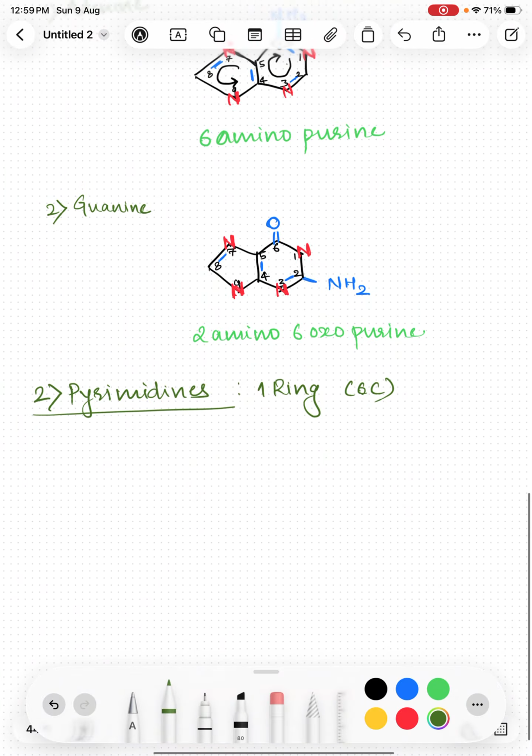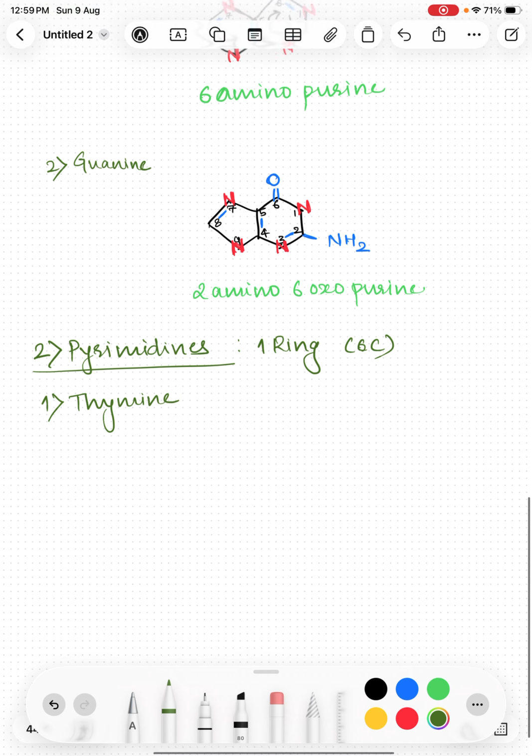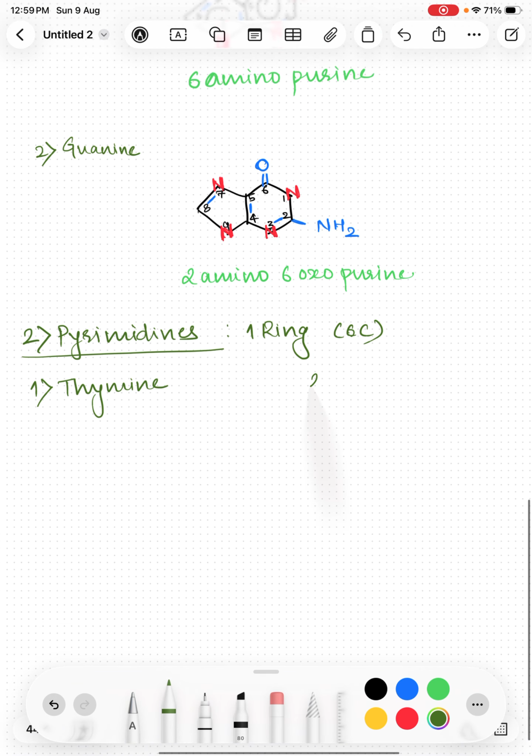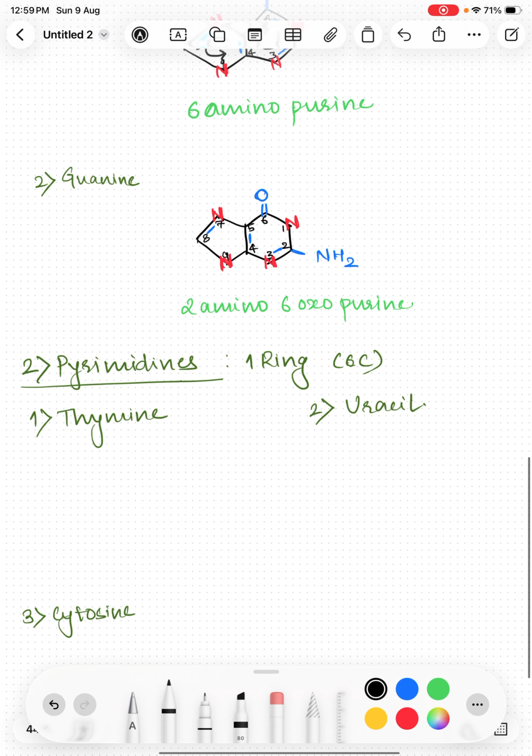So it will become easy for you to remember pyrimidine. So pyrimidines are thymine, which in case of RNA is uracil, and the third one is cytosine. Thymine is present in DNA, uracil is present in RNA.